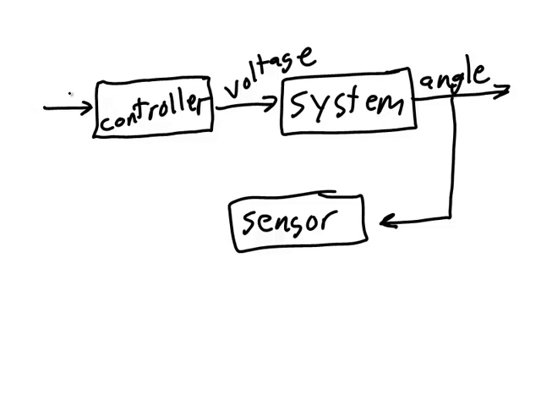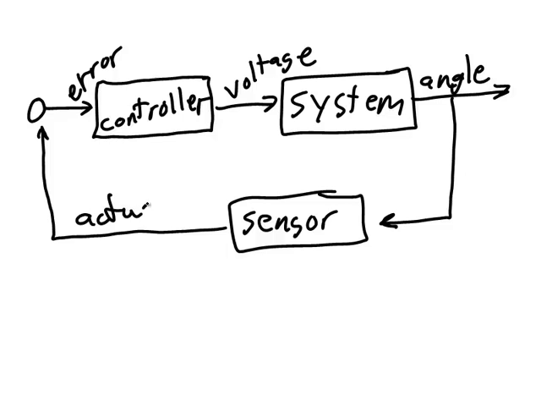The controller converts error into voltage, and here our error could be whatever units we want it to be. So let's have our sensor feeding back the actual angle. The feedback from the sensor no longer has to be voltage in order to be subtracted from the voltage that is applied to our system.